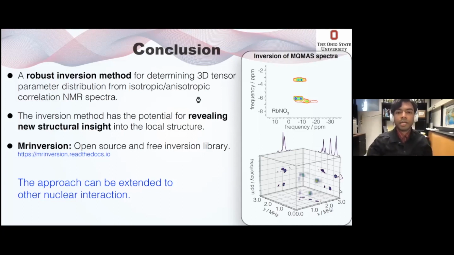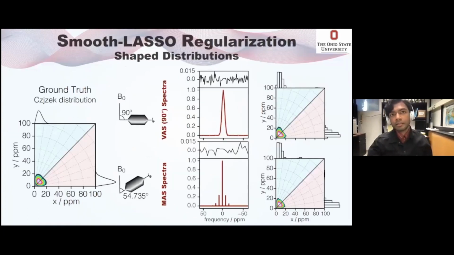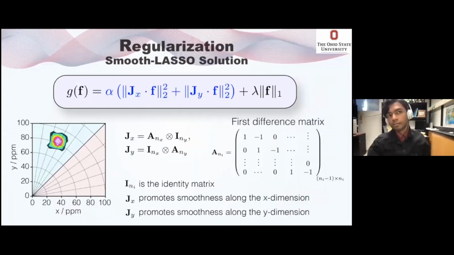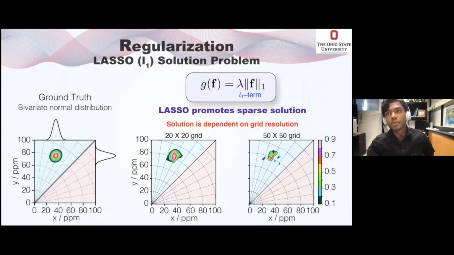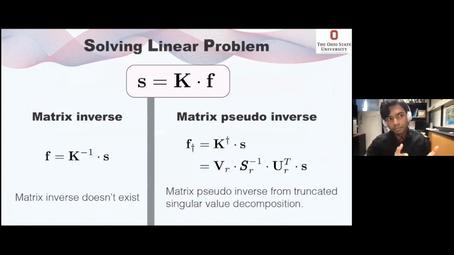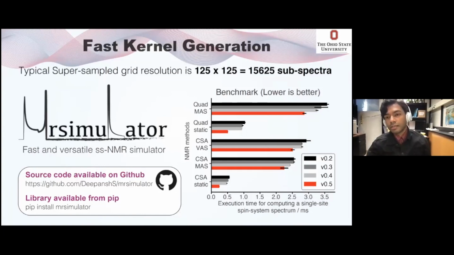For example, what I was showing here, a high resolution grid can typically take around 15,000 line shapes or spectra. And what we do after that is we downsample it to around 600 line shapes. So this is a high resolution grid, 125 by 125, and then we downsample it to a 25 by 25 grid for actual computation.